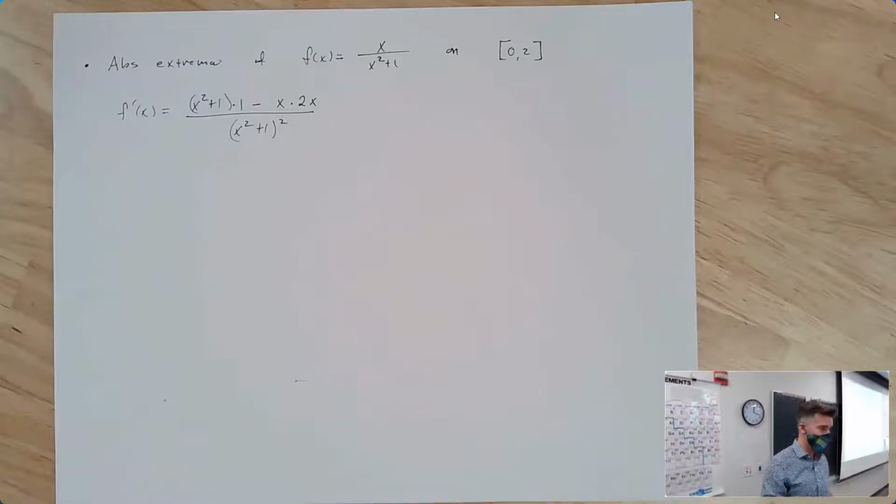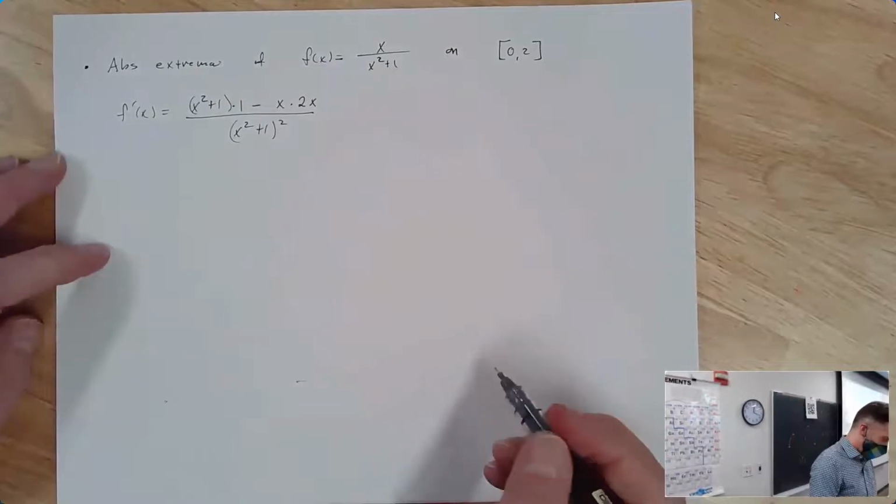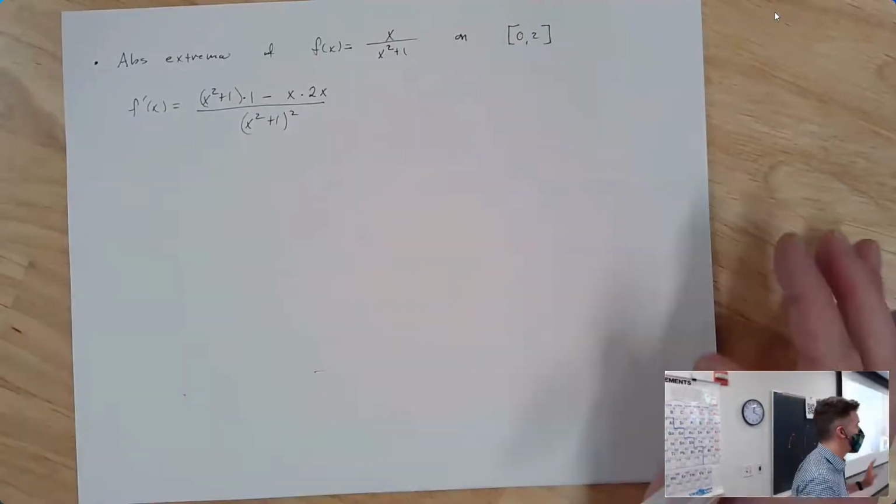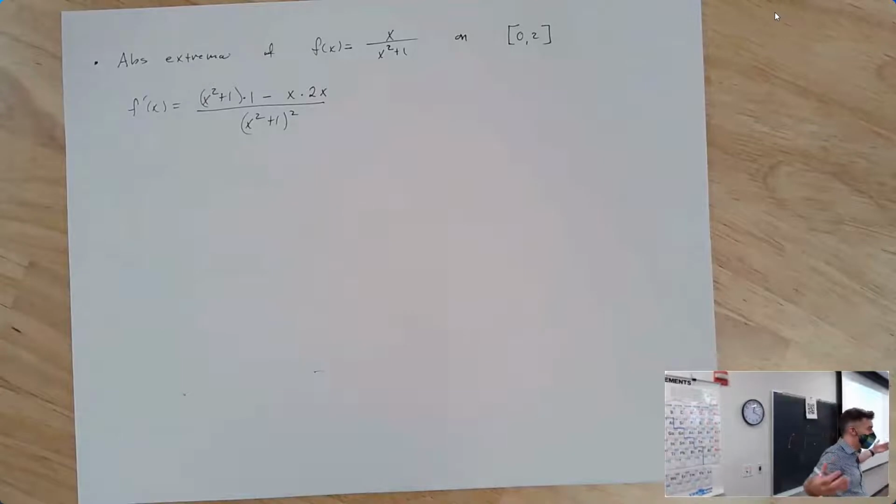But almost always, if you're talking about absolute extrema, it is on a closed interval. Technically the entire real number line is a closed interval, but we don't want to get into that. It's not a big deal.